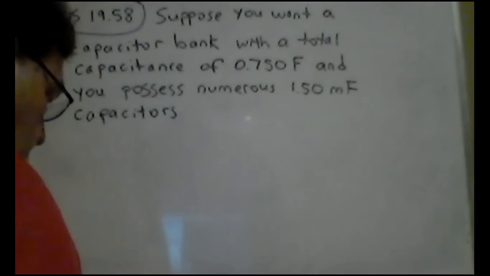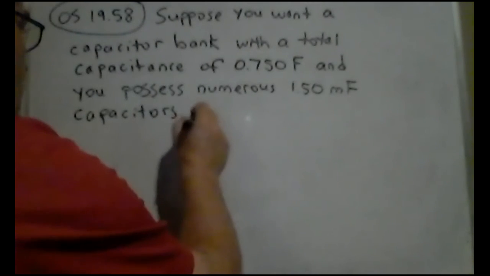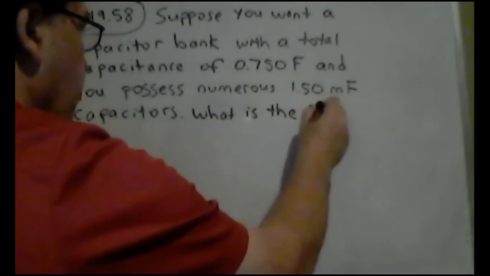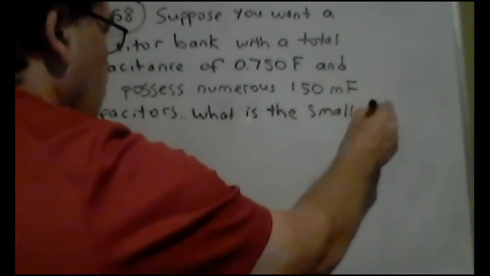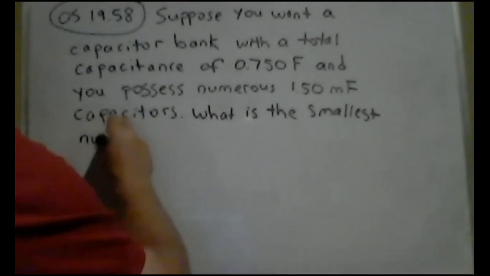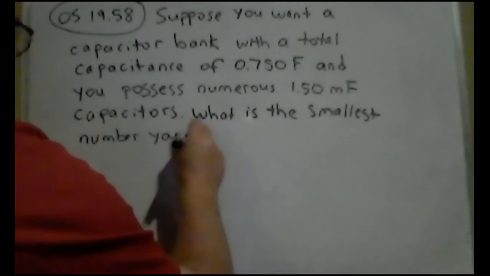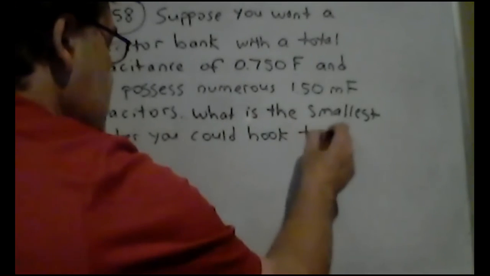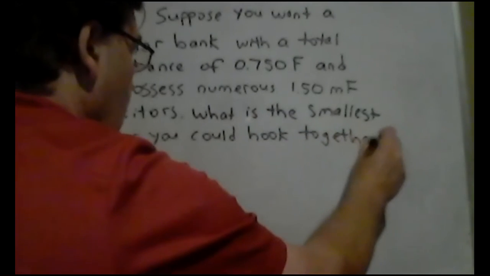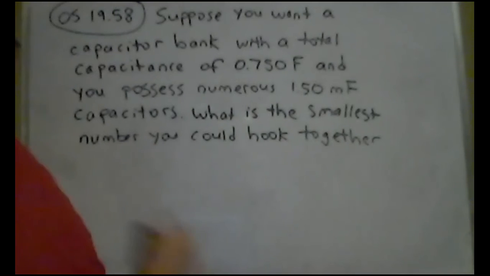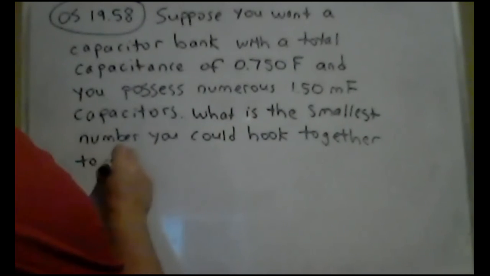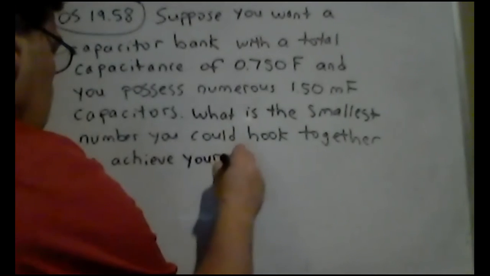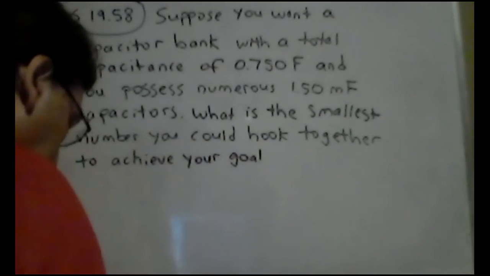What is the smallest number you could hook together to achieve your goal? How would you connect them?